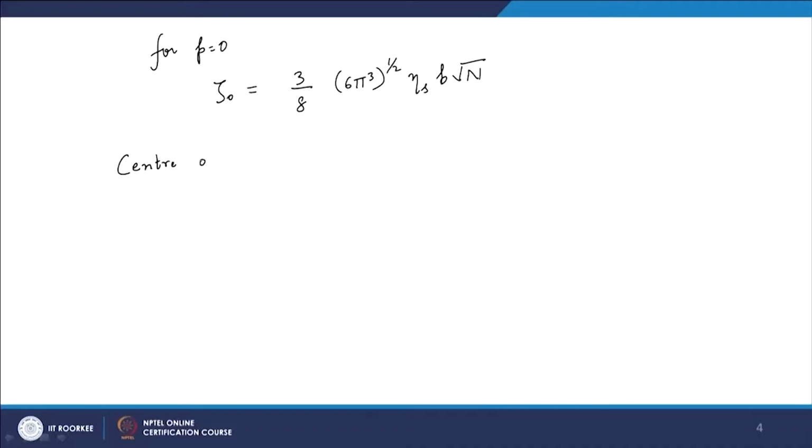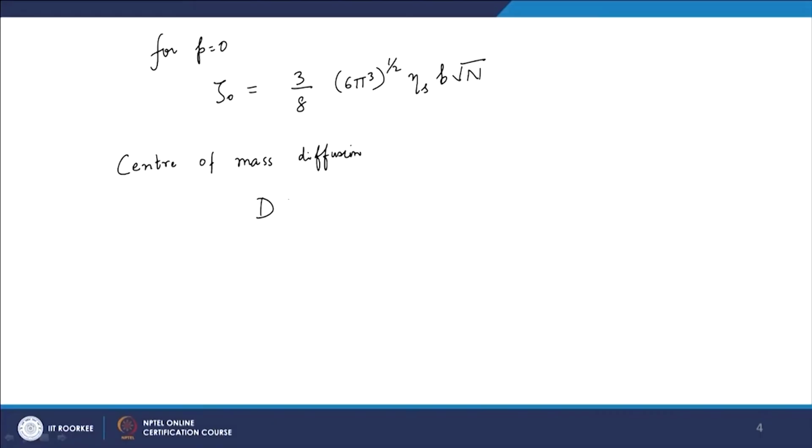if we talk about the center of mass diffusion, we have the relation that was the same as for the center of mass diffusion of the Rouse model, except the zeta value is different in this case.